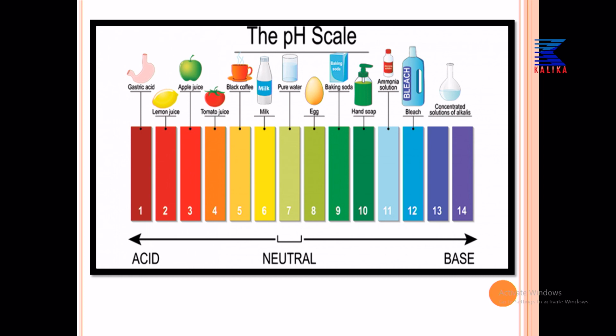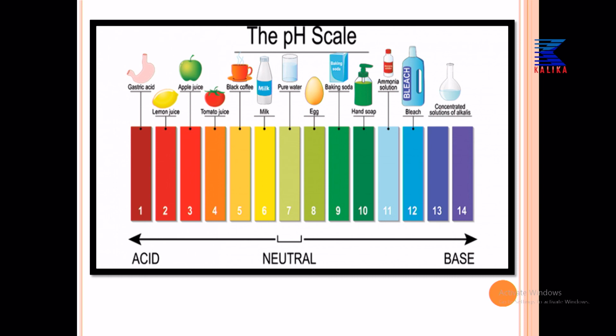Let us see gastric acid, the acid HCl which is produced in our human stomach daily. It has pH 1, means highly acidic, that highly concentrated hydrochloric acid is being produced in our human stomach daily.